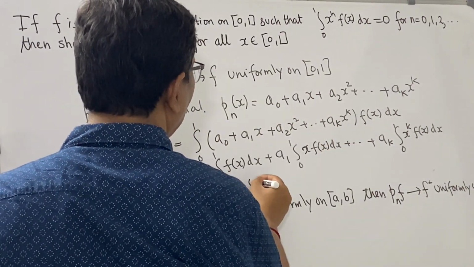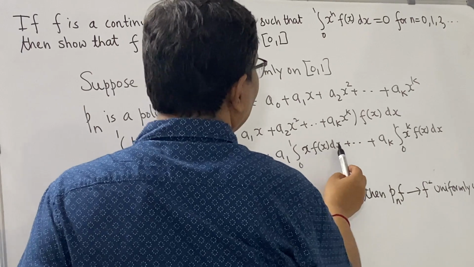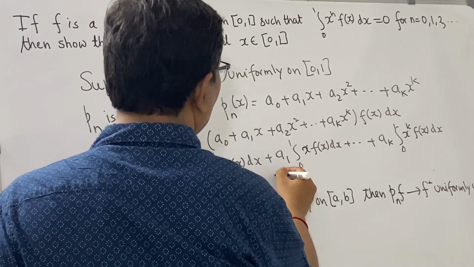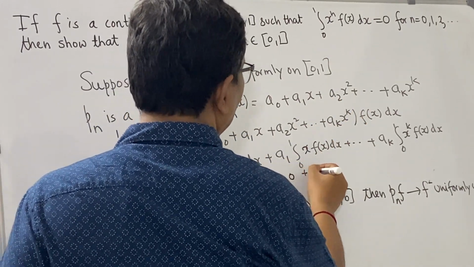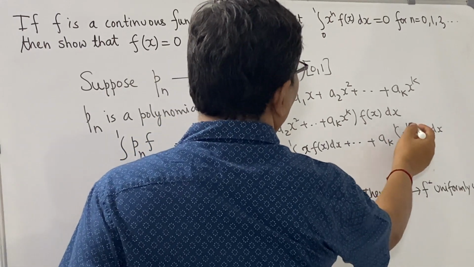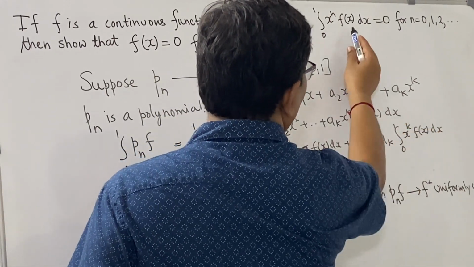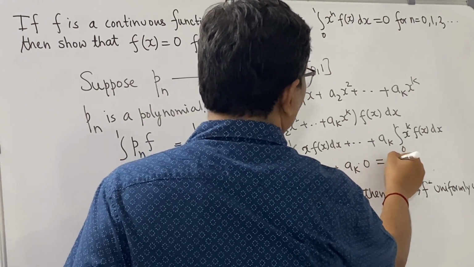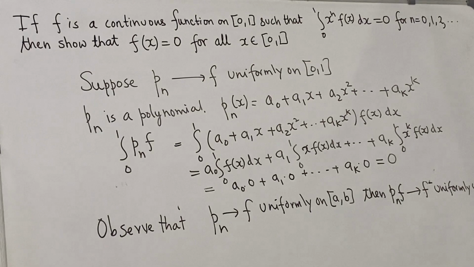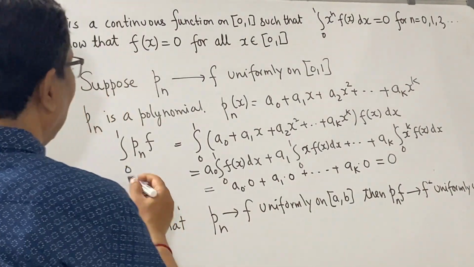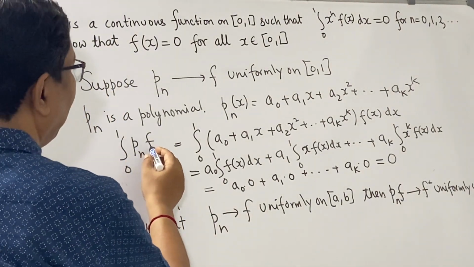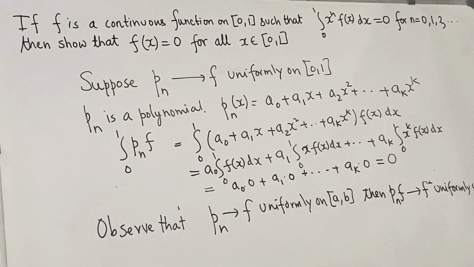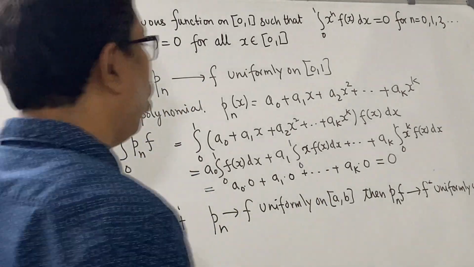So, this is a_0 times 0. The integral from 0 to 1 of x f(x) dx is also equal to 0. So, a_1 times 0, etc. The integral of x^k f(x) is equal to 0, again by the given hypothesis. So, this is a_k times 0. So, this is a very important result to note, that the integral from 0 to 1 of P_n f is actually equal to 0, and this is true for all n.